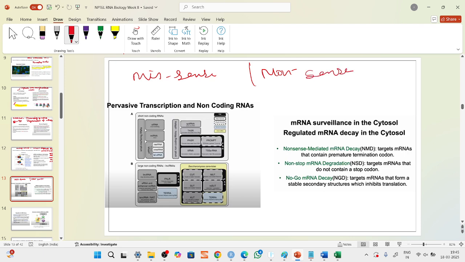So what happens in a missense mutation? Suppose it is AUG, which codes for methionine. Because of a missense mutation, this G is replaced by, let's say, C, just as an example.